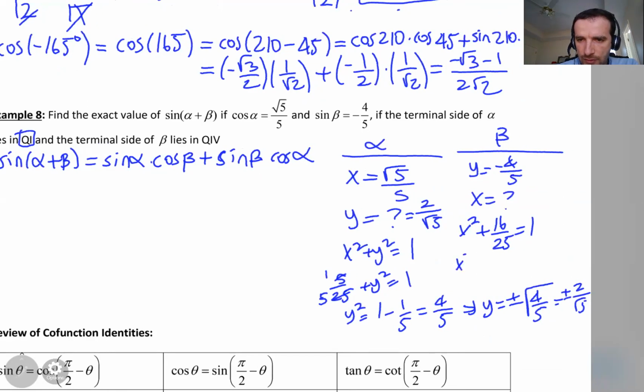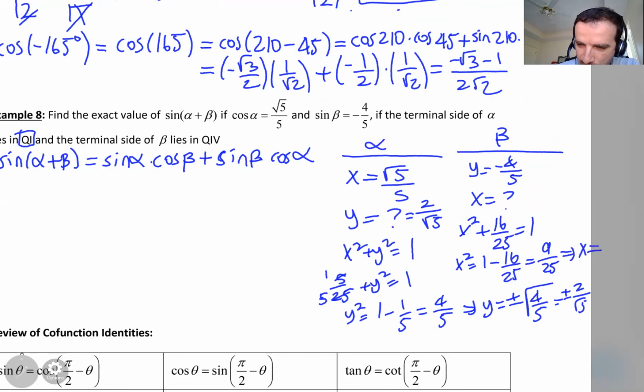So x squared is equal to 1 minus 16 over 25. And if you have a common denominator, you will get 9 over 25. I don't have enough space, so let me write down here.